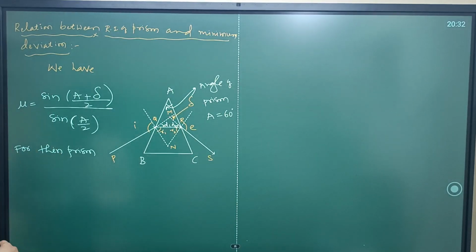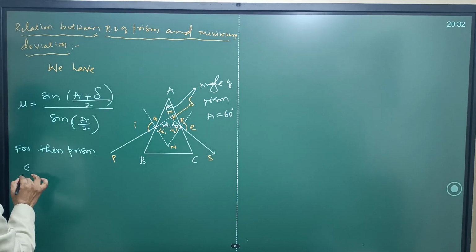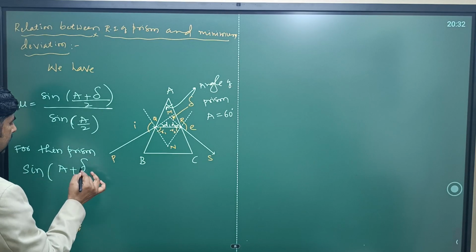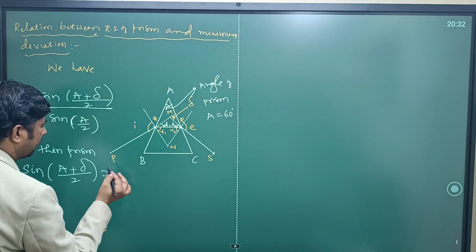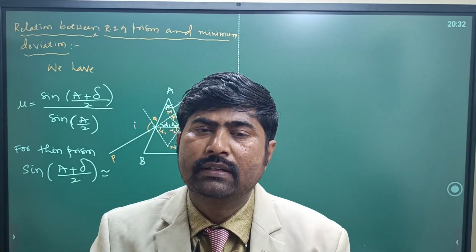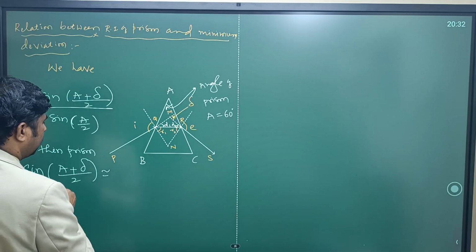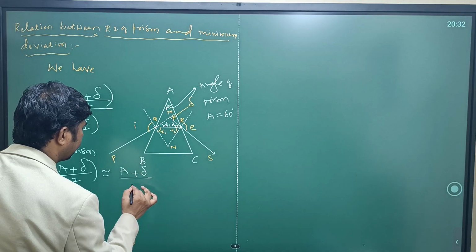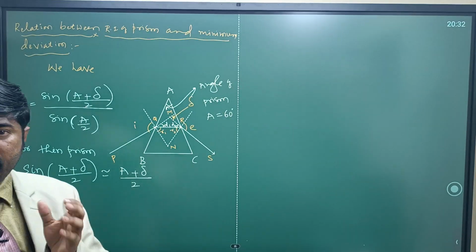Then for a thin prism, what will happen? When we consider a small angle, the function sin of (A plus delta) divided by 2 is almost the angle itself, so we take (A plus delta) divided by 2. Here delta is called the angle of minimum deviation.